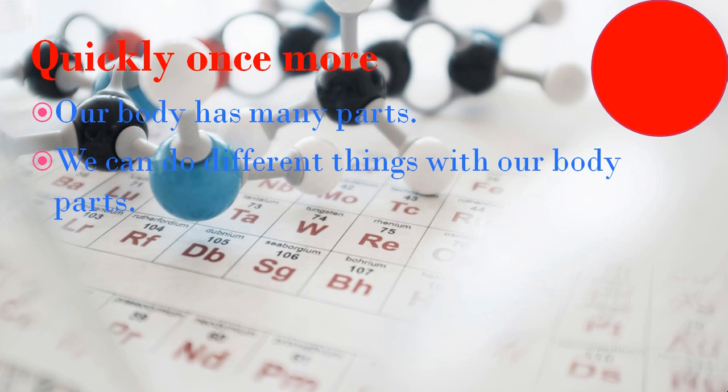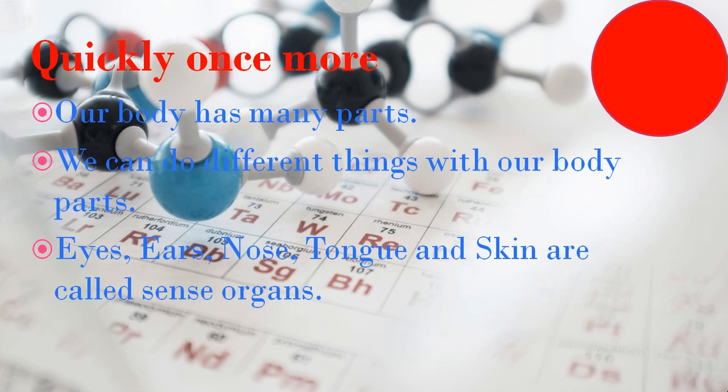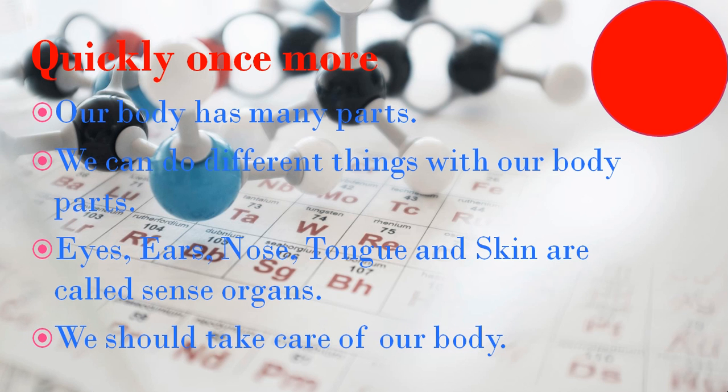Eyes, ears, nose, tongue and skin are called sense organs. And number four is we should take care of our body. Yes, definitely we have to take care of our body.